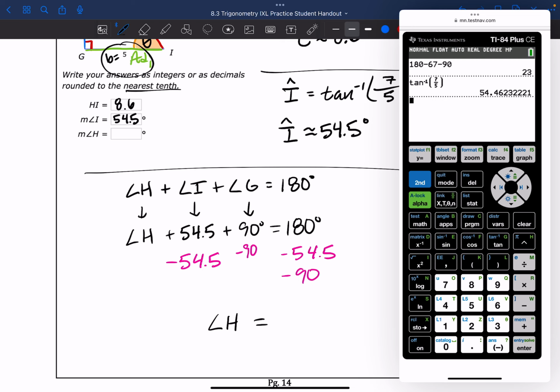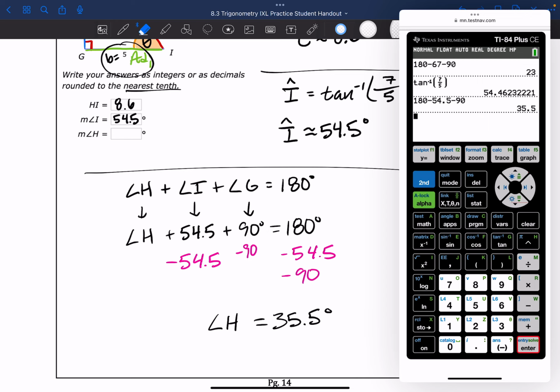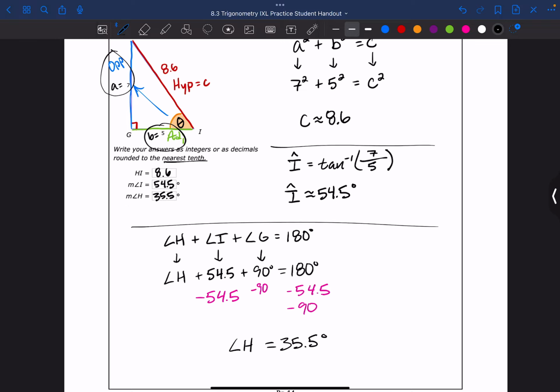So I take 180 minus the 54.5, and then minus the 90, and I will figure out what that is. 35.5. So my angle is 35.5. And there we go. I have figured out all the measurements for this triangle, so I have solved it.